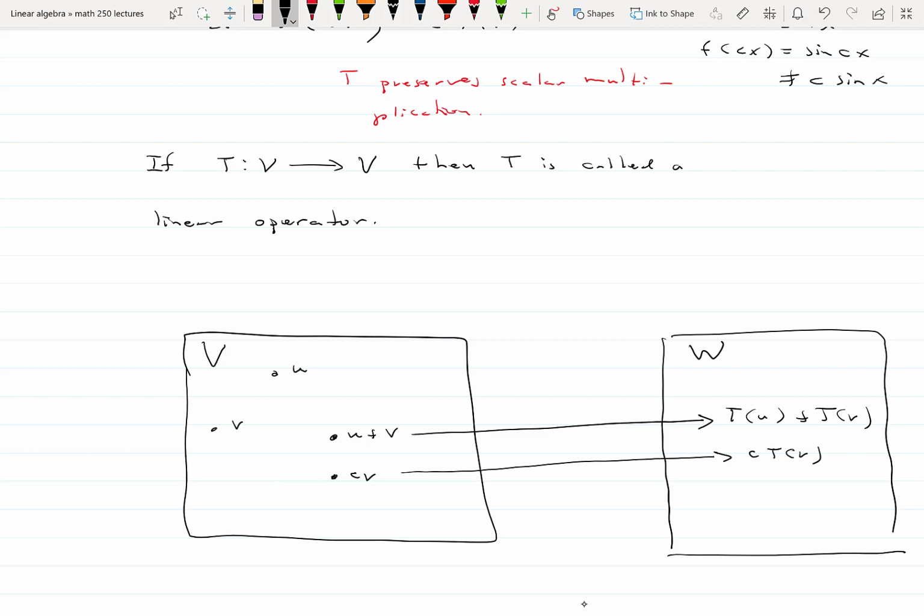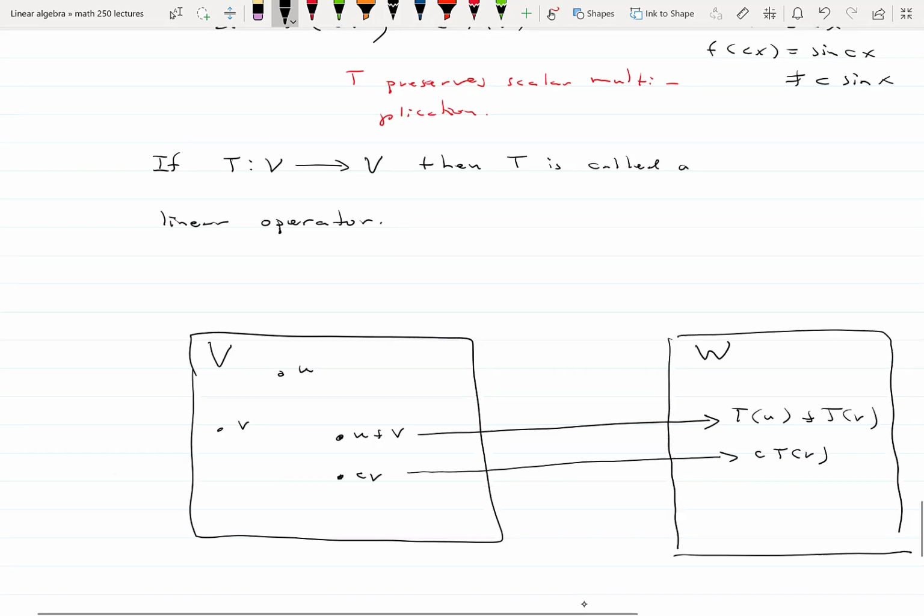So a scalar multiple of a vector in V gets turned into a scalar multiple of another vector in W. Those multiplication operations are in general entirely different. W may not even resemble the vector space V at all.